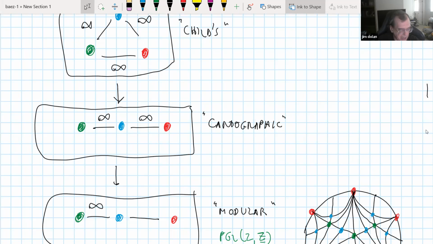The modularity theorem says that you can get, I guess, any elliptic curve. So I guess it's only about the genus 1 case. But maybe it says that if it's defined over the rationals, then you can express it as one of these modular tilings.